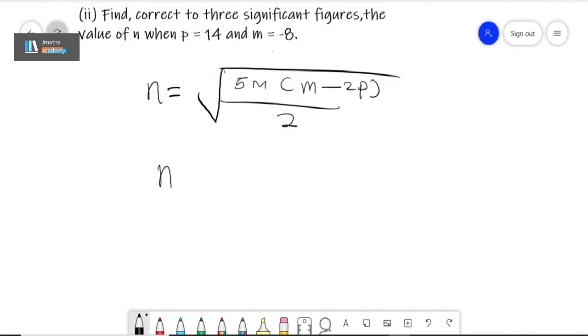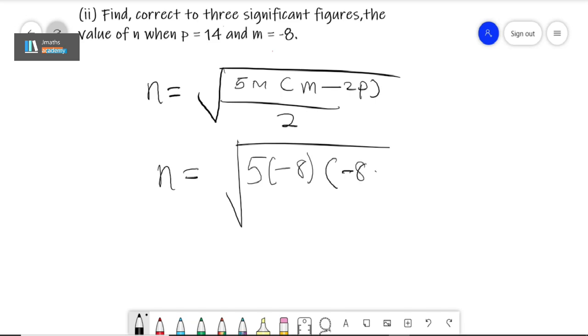So we have n equal to, substitute the values into our formula. 5, open bracket, m is negative 8, okay, we have m to be negative 8, minus 2, open bracket, p is 14, all over 2.